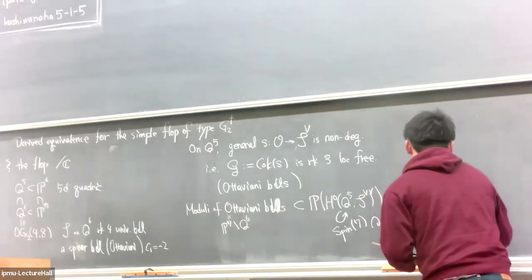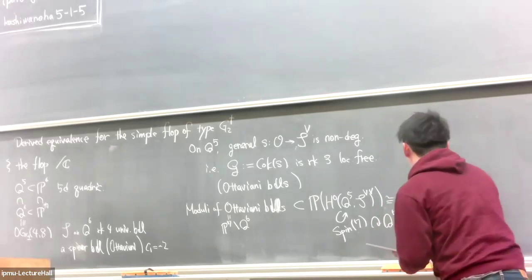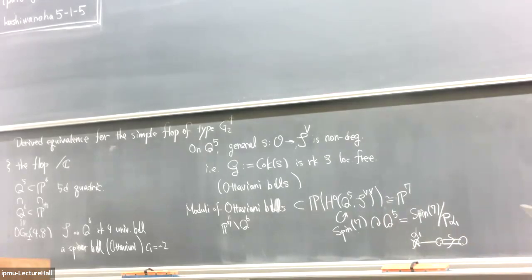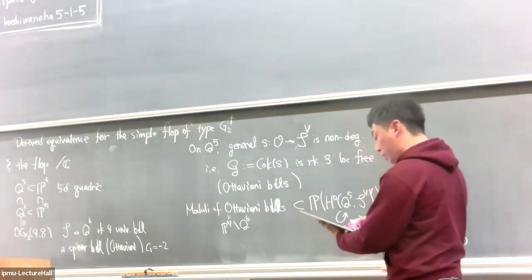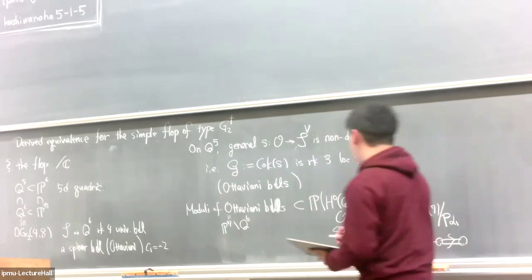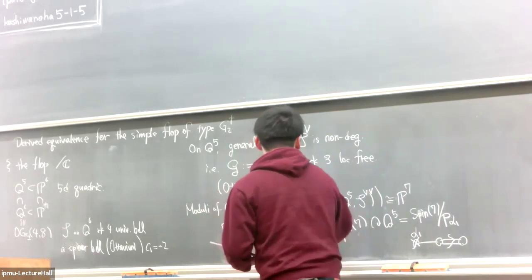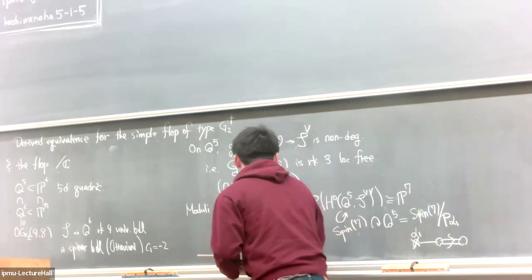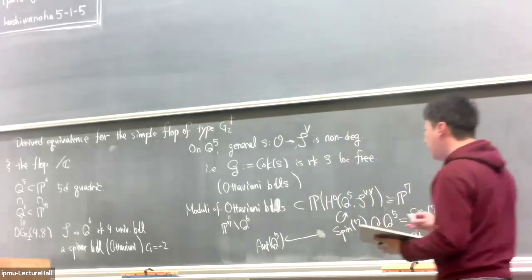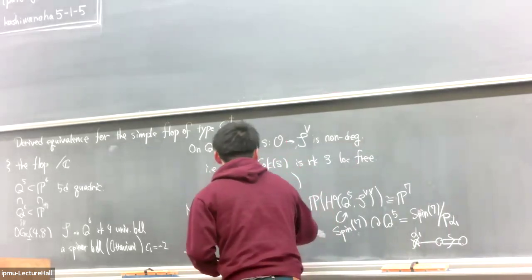This is an algebraic group of type B3, and alpha 1 is here. The action is known to be transitive.